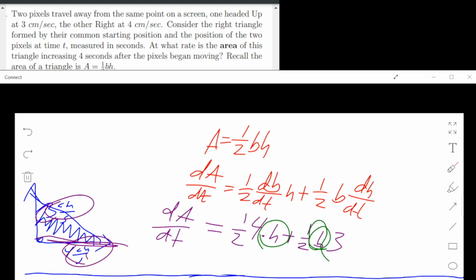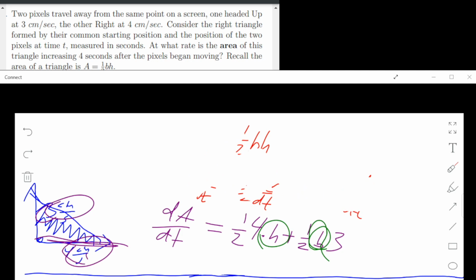So the speed of the base is 4 centimeters per second. So after 4 seconds, that means it has moved 4 times 4, or 16 centimeters, right? So that is what would go in for base.